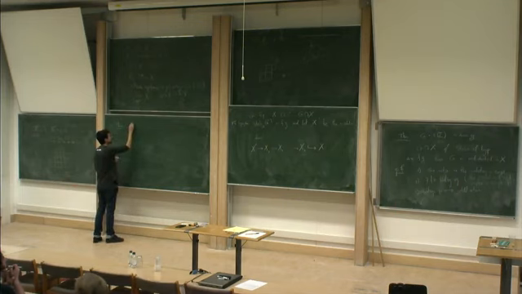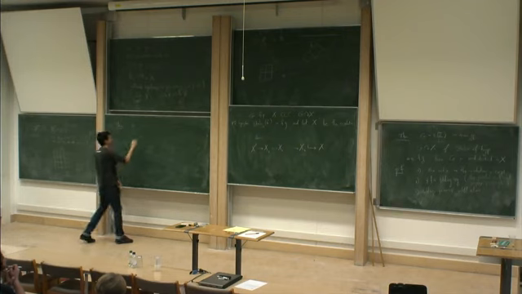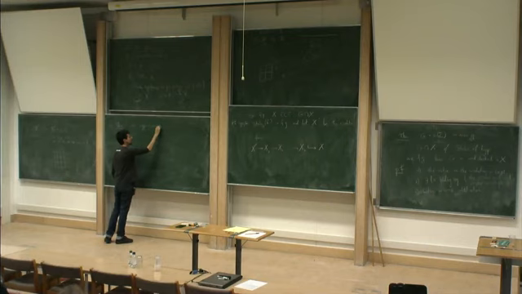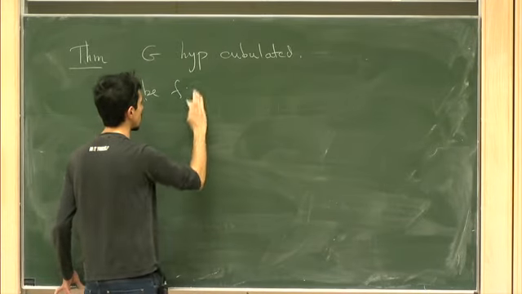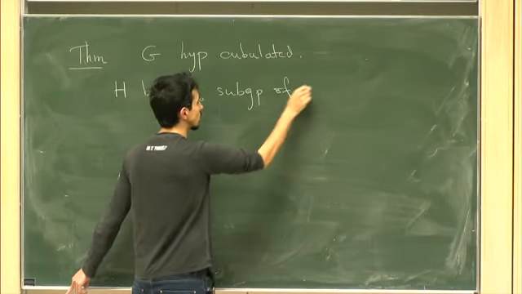In this theorem, we want to talk about quasi-convex subgroups of a hyperbolic cubulated group. So G is hyperbolic cubulated, and let H be a finitely presented, no, I only need finitely generated subgroup of G.